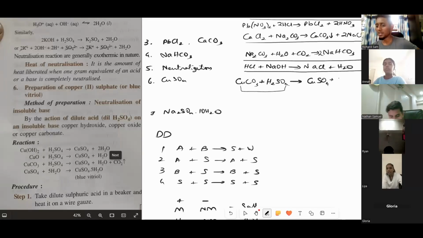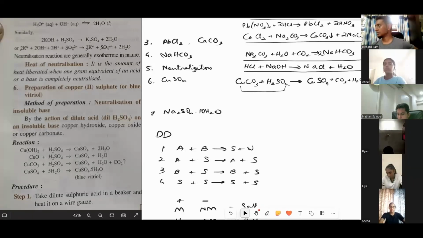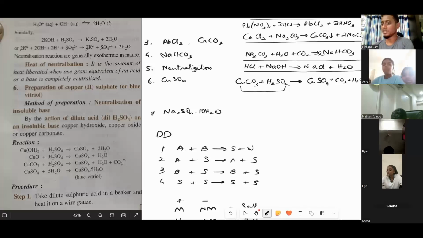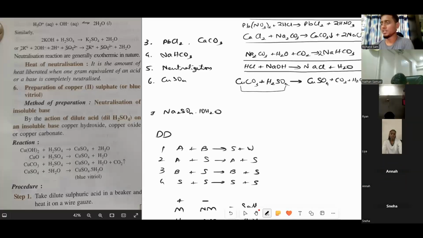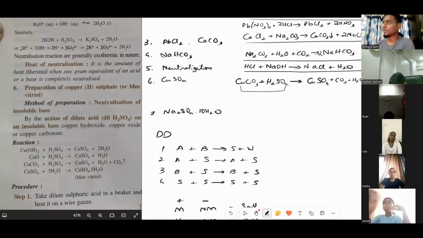Carbonic acid. But carbonic acid doesn't stay together. It is very volatile. It will separate into carbon dioxide and water. It is actually acid plus base gives a more volatile acid, but this acid is so volatile, we don't write it together. We separate it into carbon dioxide and water. Is that clear, everyone?